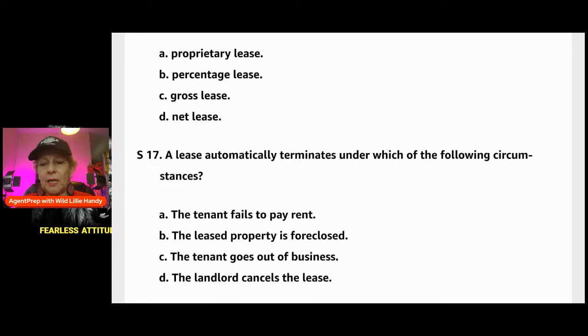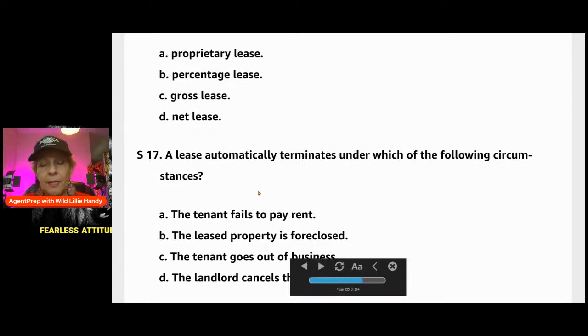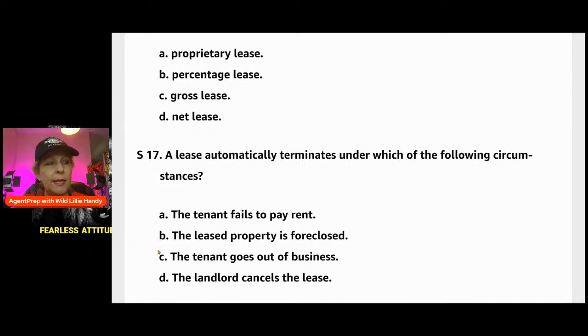The answer is actually B. Okay. Landlord cannot cancel a lease, to where it automatically terminates. What would automatically terminate is a foreclosure. When a bank takes over the property, it automatically terminates the lease. In that situation, they have priority.